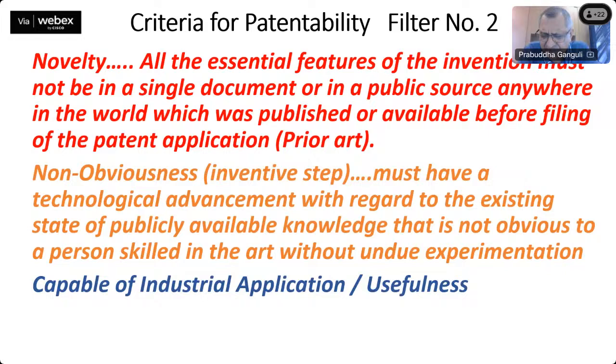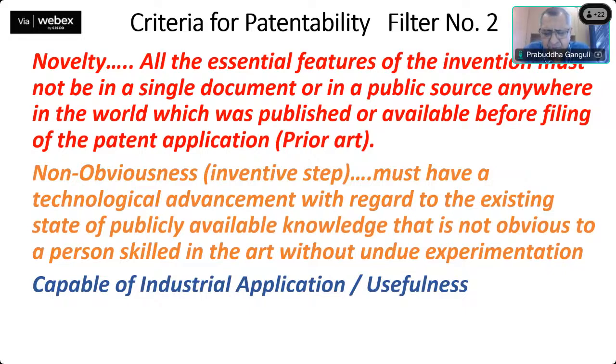Have you understood from the simple example? It means all the essential features of the invention must be available in a single document. I cannot combine different documents to say that, if you combine the 3 documents, A, B, C, D are all there, you have done A, B, C, D, so yours is not novel.